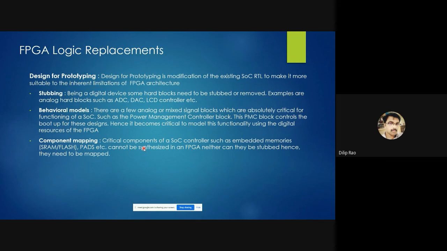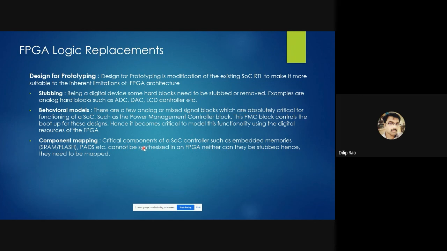You need to write models in such a way as to fool the digital into thinking that there is an analog, but in reality there is no true analog. All you need is a bare minimum analog functionality to keep the digital in normal operation mode, out of reset, with the clocks running. That is something you need to intelligently do for replacing analog in an FPGA flow.